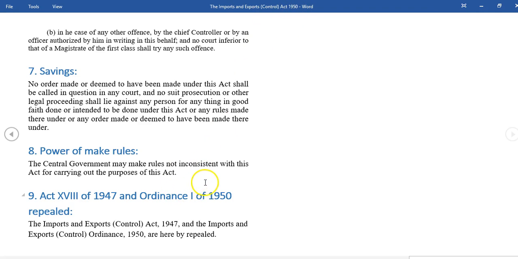There is an interesting relationship between an ordinance and an act. When you have a government, and the government is also working with a parliament where the lawmakers pass or enact new laws, sometimes the government needs an act urgently, because it is very necessary for them, or it has already been prepared.